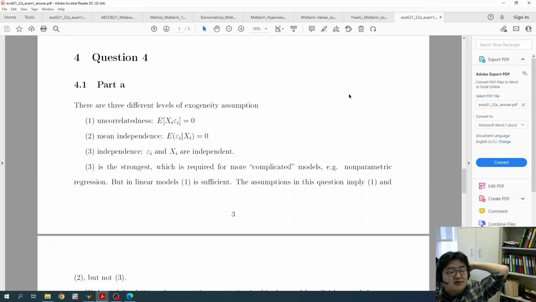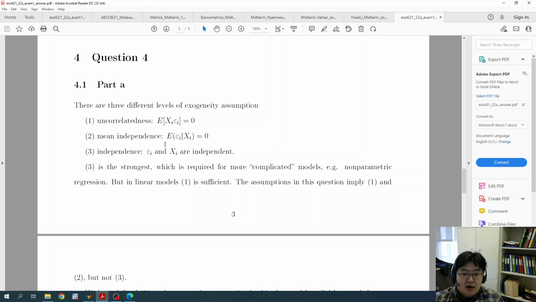First, about the exogeneity assumption, I thought it was clear. I could not be more clear in the question. Just the exogeneity assumption. We have mentioned it many times in class, and let me clarify the definition. Exogeneity can mean three different things depending on the context and the models.